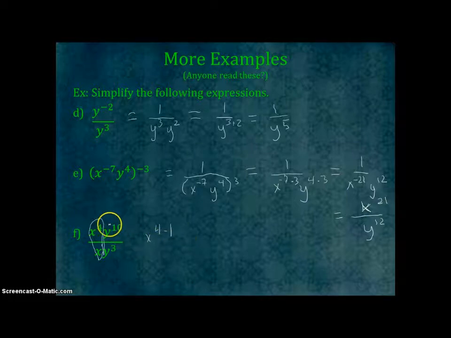And then we've got the y's, where we have y to the 10 minus 3. Then the denominator variables go away. So we get x cubed times y to the 7th.